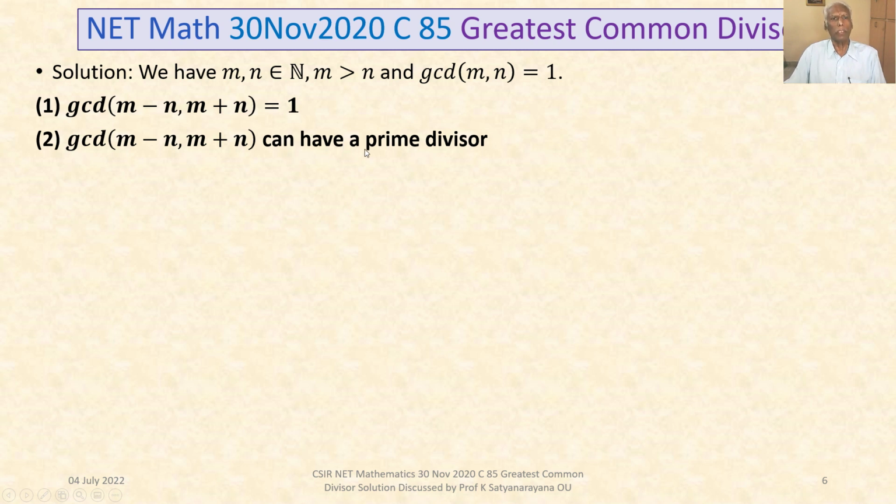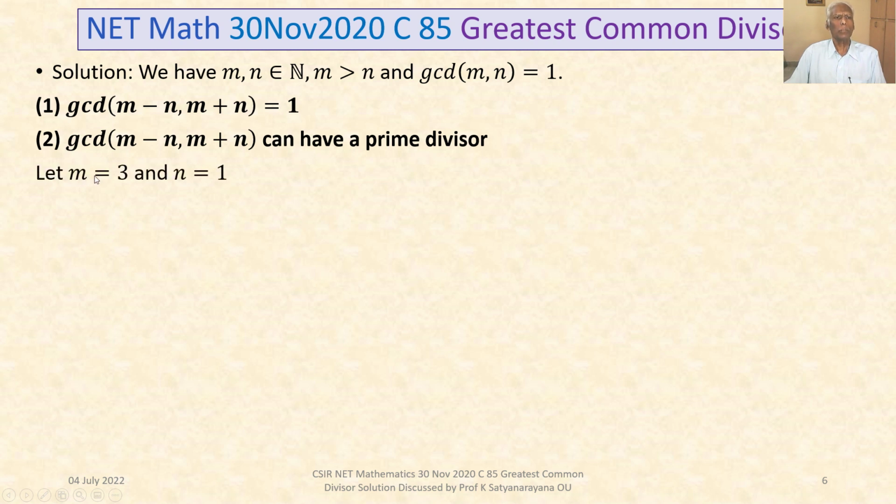Can have a prime divisor means you exhibit a pair of natural numbers satisfying this condition for which this GCD has a prime divisor. So we will show by means of the following counter examples.